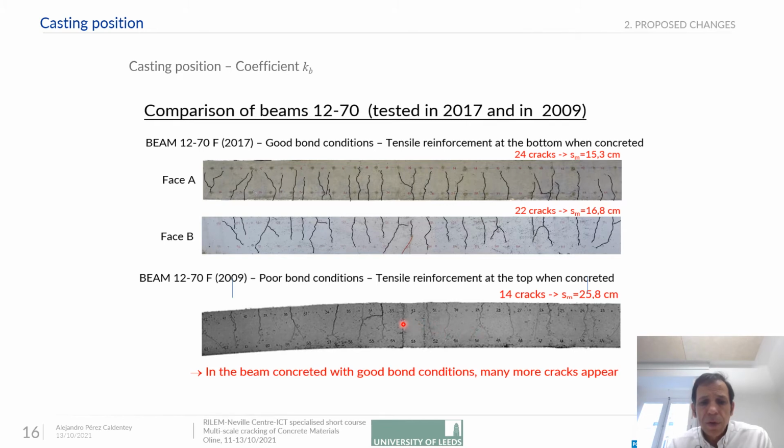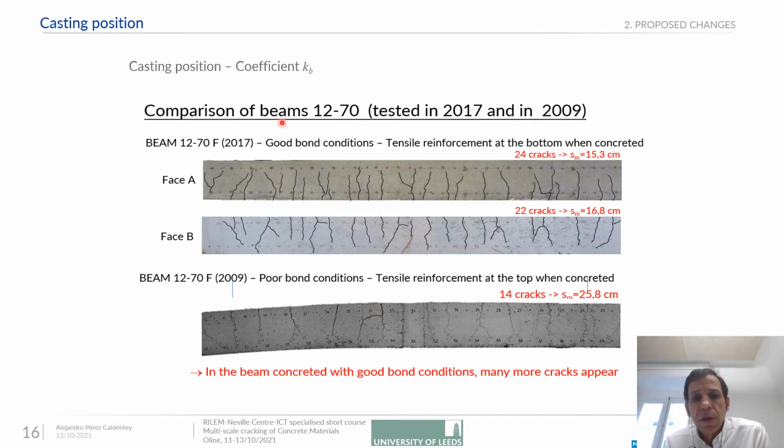Then we finally realized that when we tested these elements in 2009, these were cast in poor bond conditions. So the reinforcement was at the top when casting was performed, and these tests were cast on site, so the workmanship was not the same as in a laboratory.